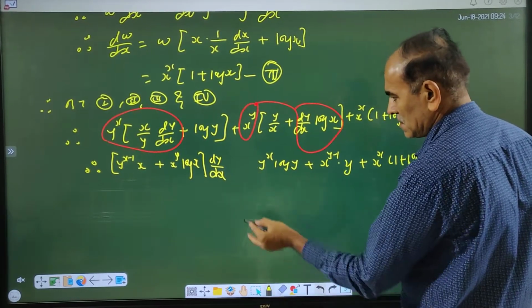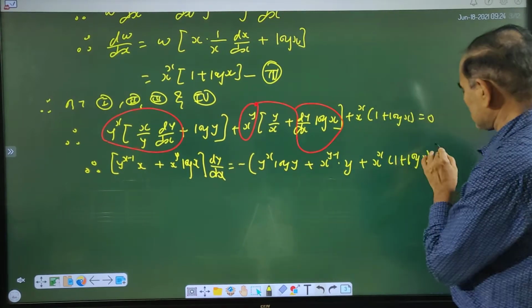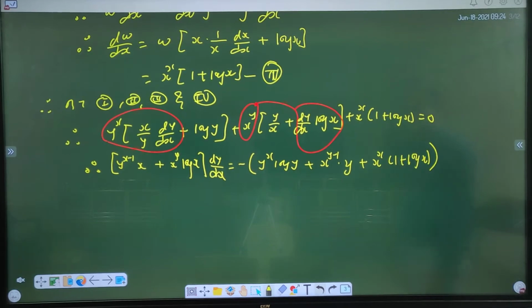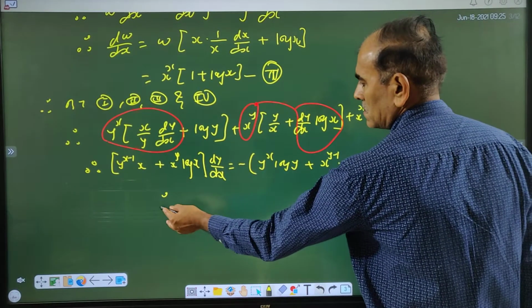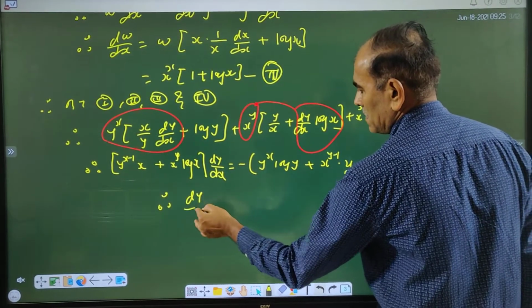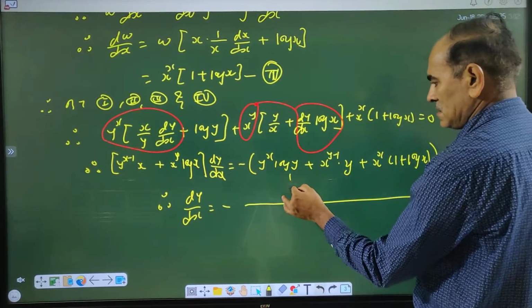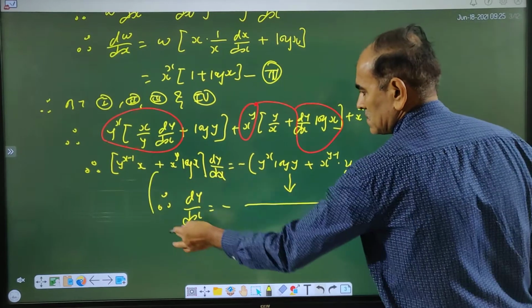If we take it to the right hand side, then minus of this one. Yes or no? Yes. And therefore dy by dx is equal to minus of this one on top, divided by this one.